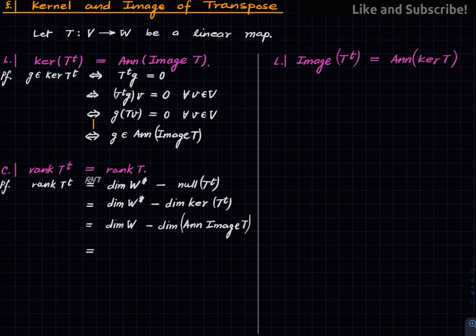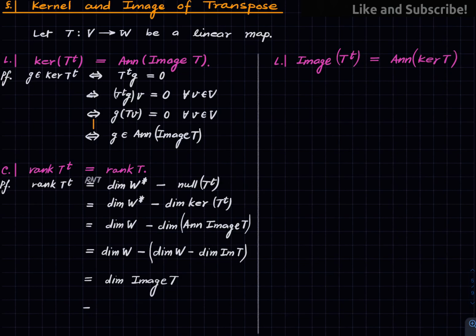So what I'm saying is this is equal to dimension of W minus dimension of W minus dimension of image of T. Why is that? Again, this lives inside W. This is a subset of W. So dimension of the annihilator of this subspace is dimension of W minus the dimension of the subspace, which is the image of T. So we have this, but this is equal to the dimension of the image of T.